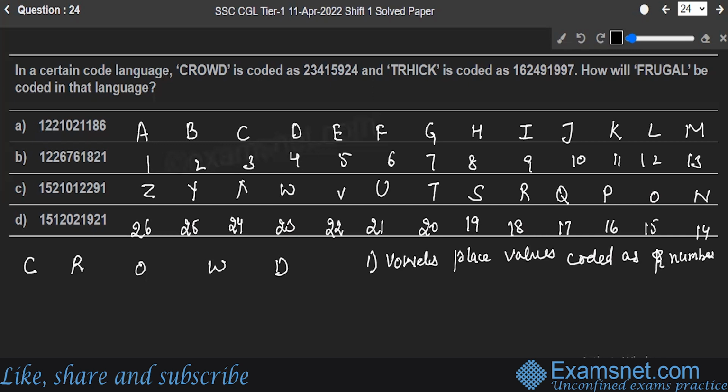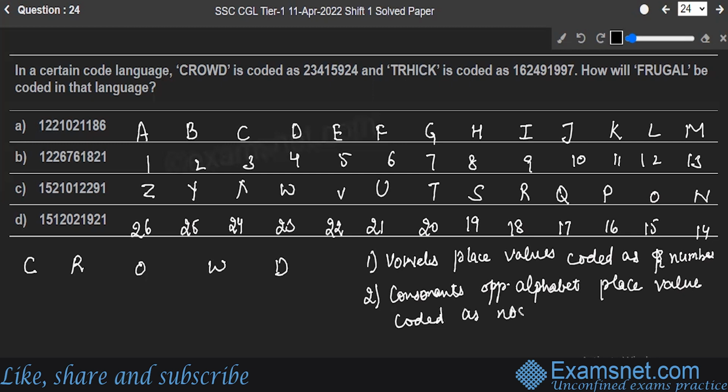Then consonants: the opposite alphabet's place value is coded as numbers.